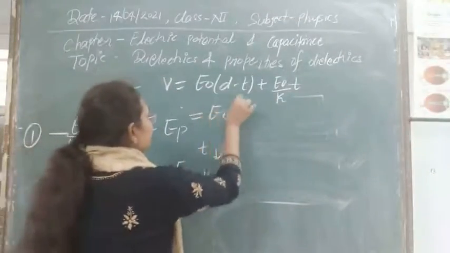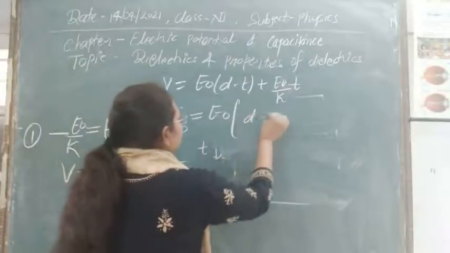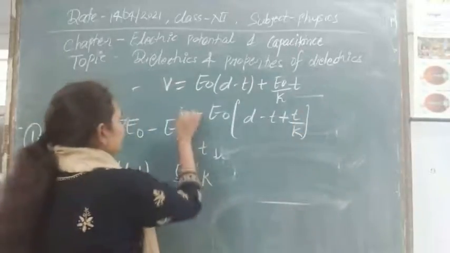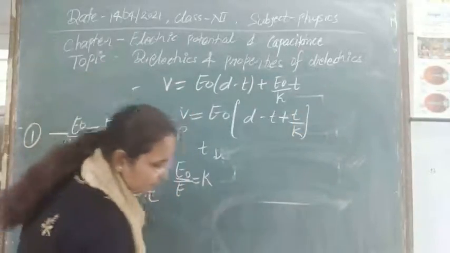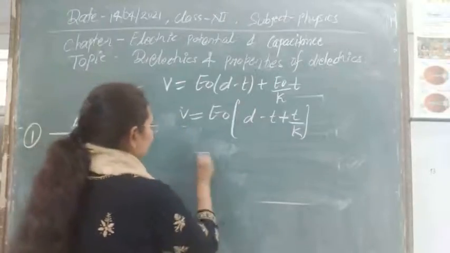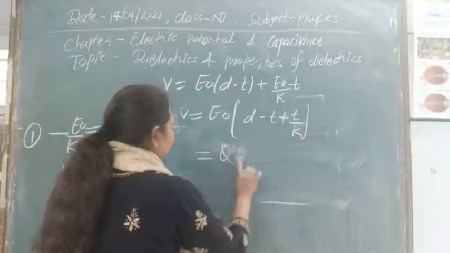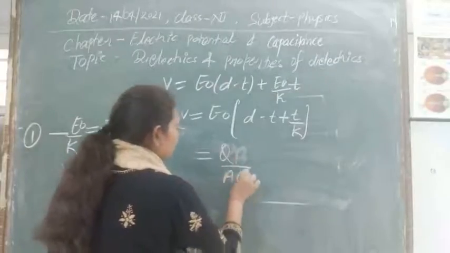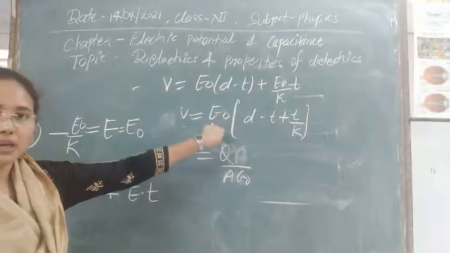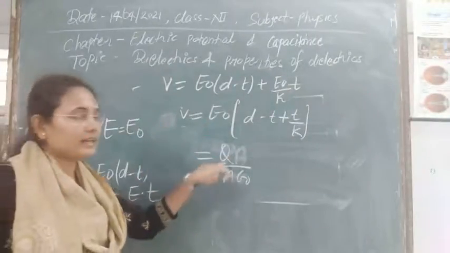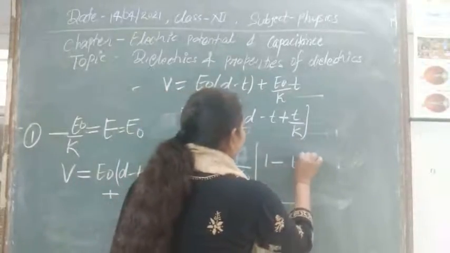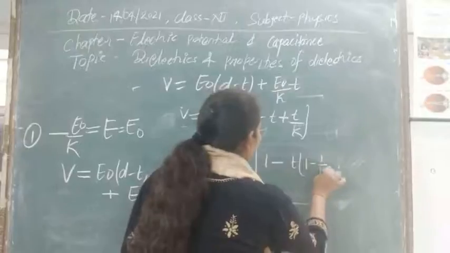Simply, V equals E0 times d minus t plus t by K. And in place of E0, we know it is equal to Q upon A epsilon 0, which is sigma by epsilon 0, using sigma equal to Q by A. Taking t as common, this is d minus t times 1 minus 1 by K.